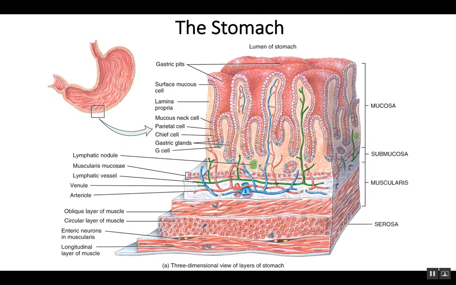This is our histology drawing of the lining of the stomach. You'll notice again we have the mucosa, the submucosa, the muscularis, and the serosa on the outer surface of the stomach.